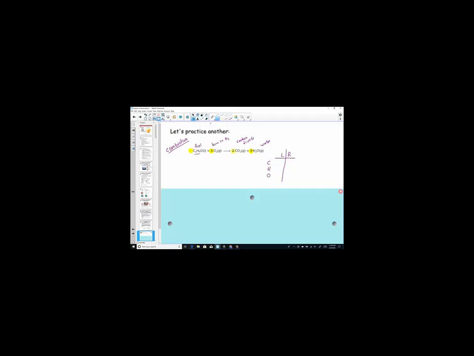So, when we count C2H6O, that is one molecule of C2H6O, and inside that molecule, I count two individual carbon atoms. Inside this one molecule of C2H6O, I can see 6 individual hydrogen atoms.